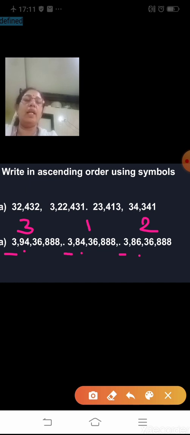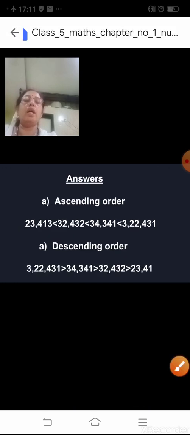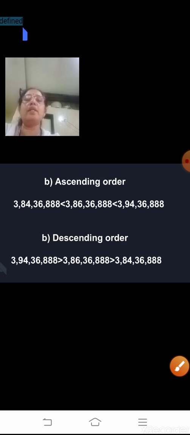So when you are writing it in ascending order, your answer goes like this: 3 crore 84 lakh 36,888 is smaller than, using the symbol, 3 crore 86 lakh, and then the last number will be 3 crore 94 lakh 36,888.